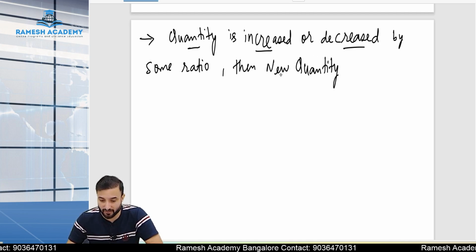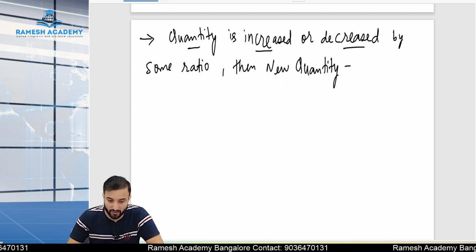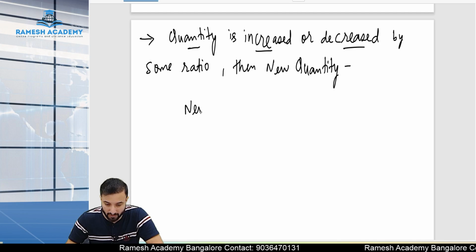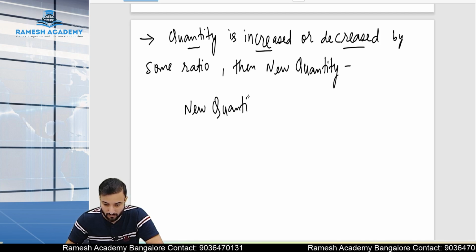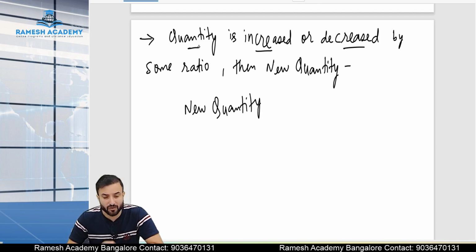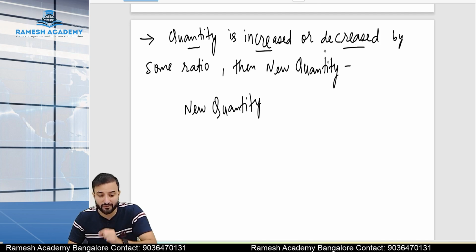So understand the thing, we have to find the new quantity. Therefore the new quantity formula is, the quantity is increased or decreased by some ratio.